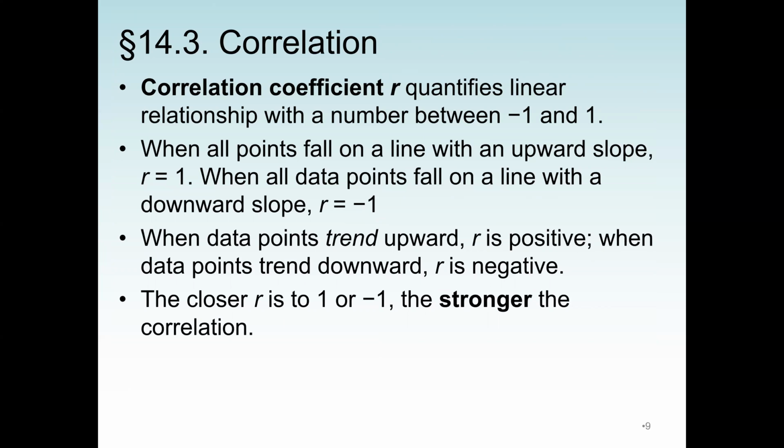When it's 0 or very close to 0, that means there's no linear relationship. So we have three possibilities when looking at the R value: an increasing relationship, a decreasing relationship, or, when it's very close to 0, no relationship.